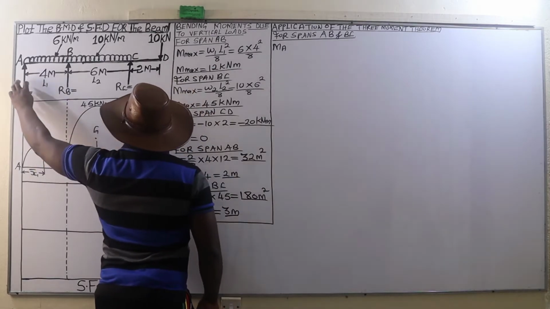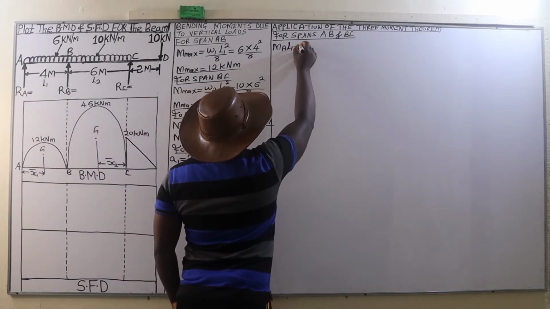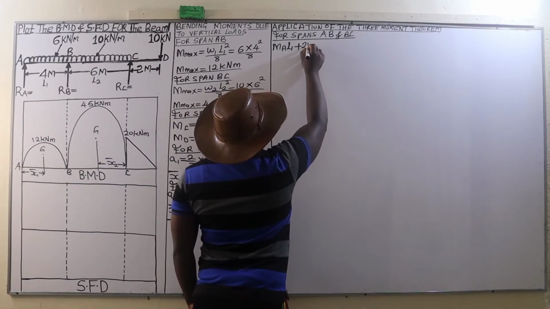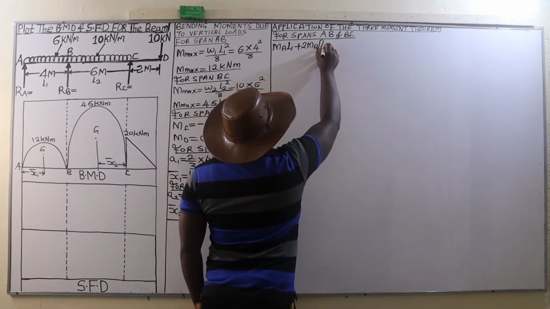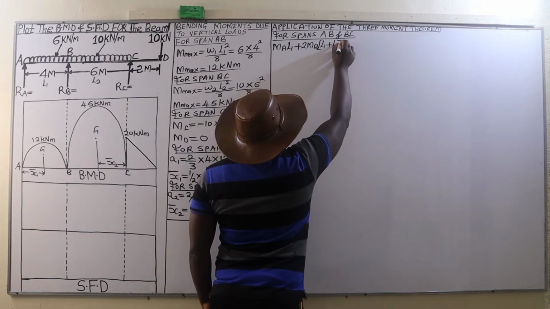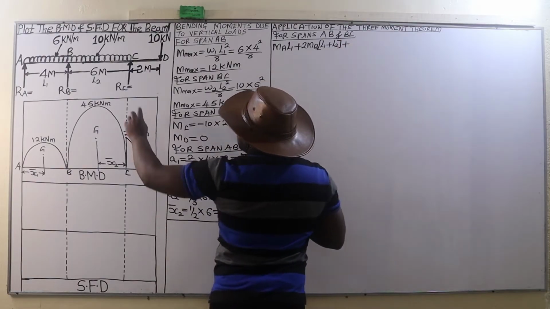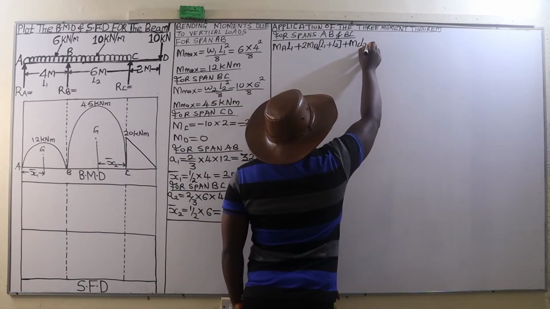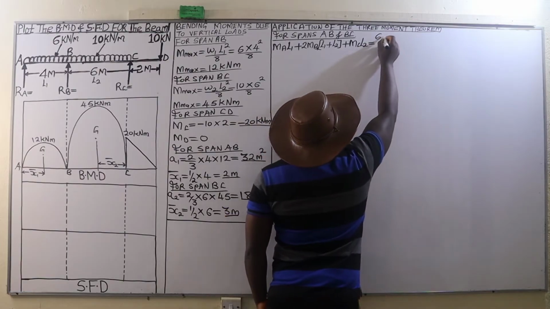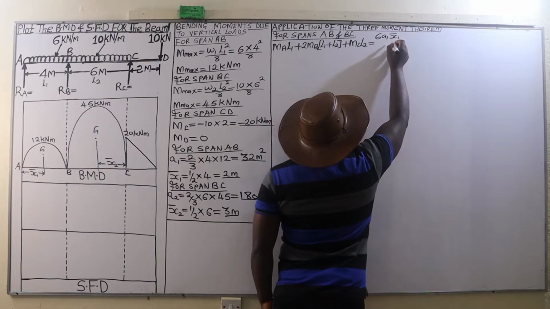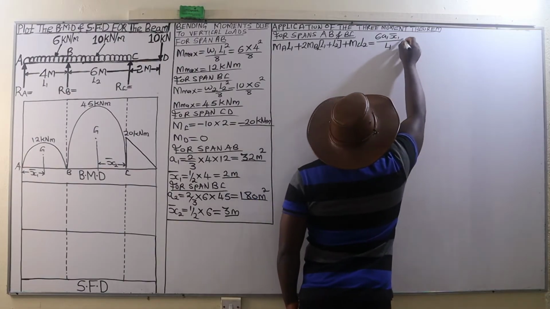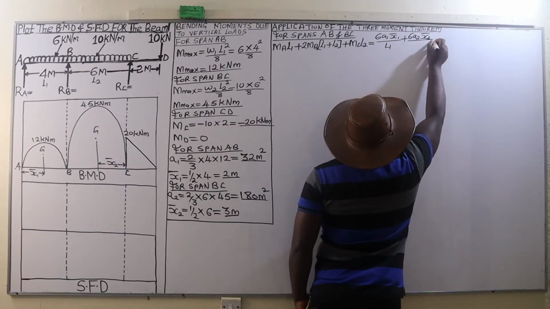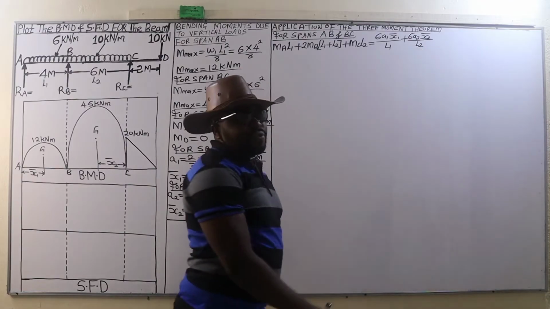So MA L1 plus 2MB multiplied by L1 plus L2, then we add MC multiplied by L2, is equal to 6A1 bar X1 divided by L1 plus 6A2 bar X2 divided by L2.